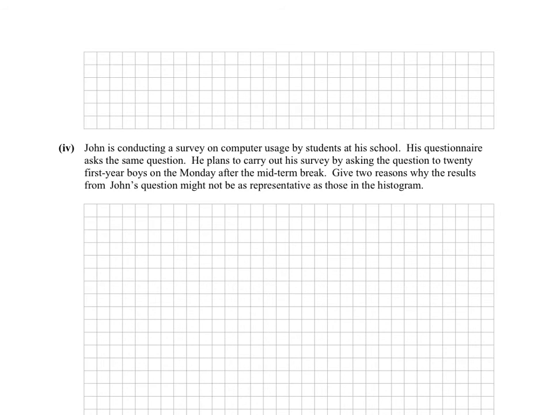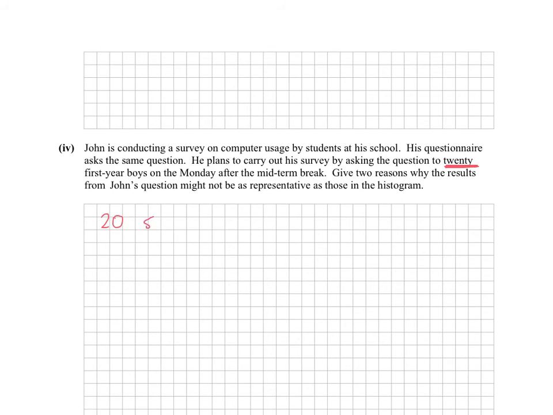Moving on to part 4, you're told about someone else who also wanted to do a survey. He asked the same question, but he carries it out with 20 first-year boys straight after the midterm break. We're asked for 2 reasons why these results might not be as representative as the survey represented by the histogram. Firstly, you're only asking 20 students.